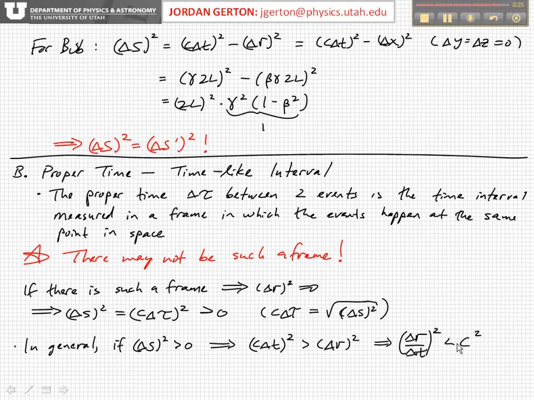And so what we see is that this right here is just the velocity of a frame. Well, it has units of velocity, and so we can define it to be the velocity of a frame, and if it's less than C squared, then that means that the interval is greater than 0.